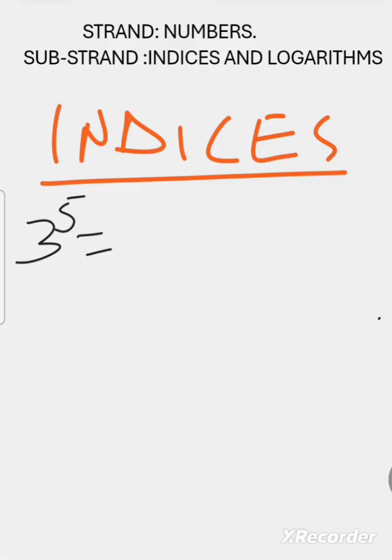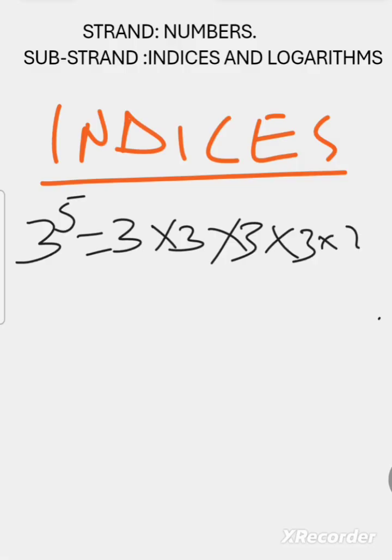So it will be 3 multiplied by 3 multiplied by 3 multiplied by 3 multiplied by 3. 5 times, this is 1 2 3 4 5. So we have multiplied 3 by itself 5 times. So this is what we mean by 3 raised to power 5.